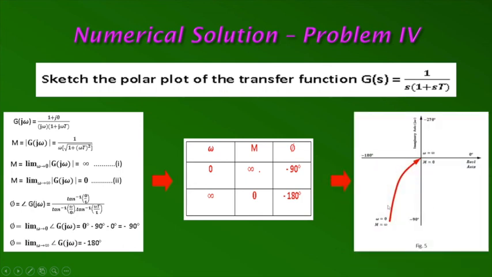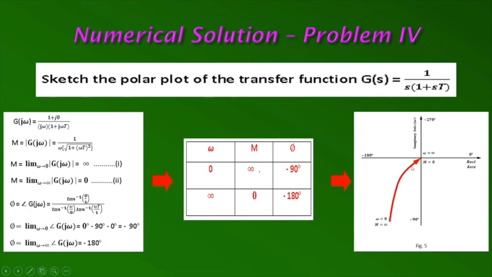Then draw the polar plot. Starting point: when omega equal to 0, the magnitude is infinity, but the phase angle is on the minus 90 degree axis. If omega is increased, then the angle increases toward the negative side and the magnitude decreases.